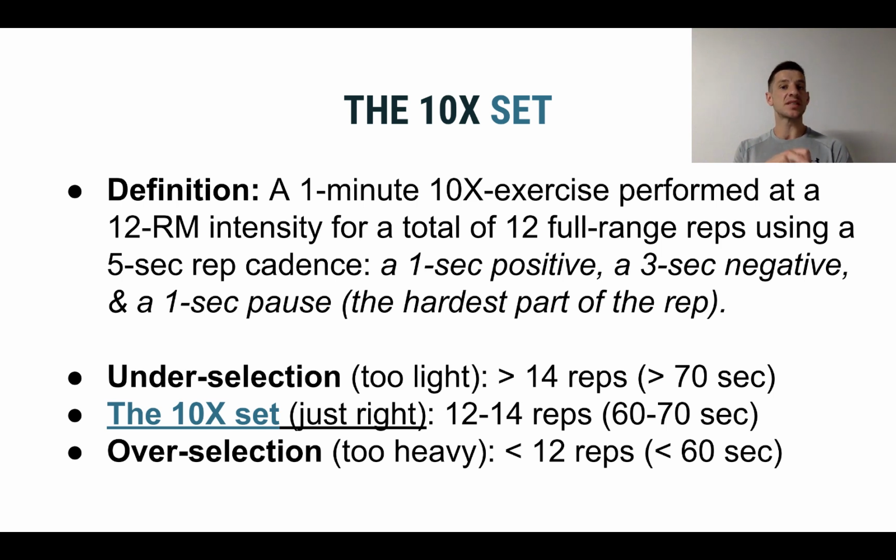But because it's in your first circuit, chances are that you're not going to get from 8 to 12 in 2 workouts. So in your next workout, you need to make an adjustment. You make the exercise easier, or you decrease the load, okay? Make it lighter so that you can do roughly 12 reps.